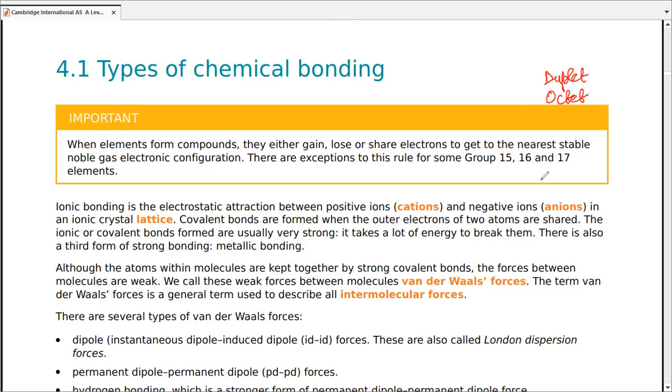We told you that there are 3 ways to complete that outermost shell. They can either lose the electrons, or they can gain the electrons, or they can share those electrons, right? We told you metals tend to lose electrons, non-metals tend to gain electrons. Now metals, however, also have a capacity to share those electrons.